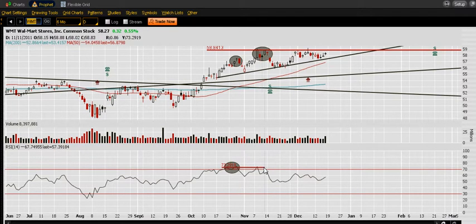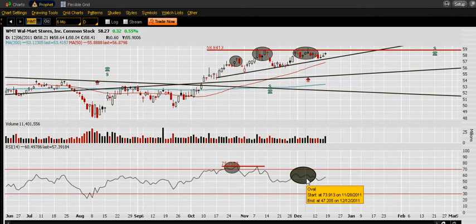So no warning signals there. And then we have another push to this level at about $59.84. And then suddenly, we have a high there, but for some odd reason the RSI has declined all this way. That's a negative divergence. It should alert us that there is going to be a top in place.